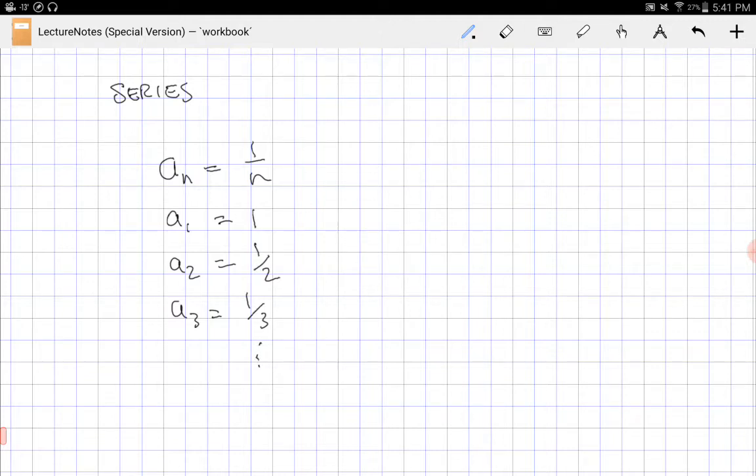Now, if we were to take the sum of all the numbers in the sequence, we would call that a series, the sum of numbers.